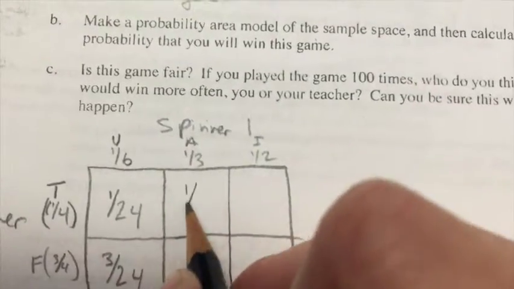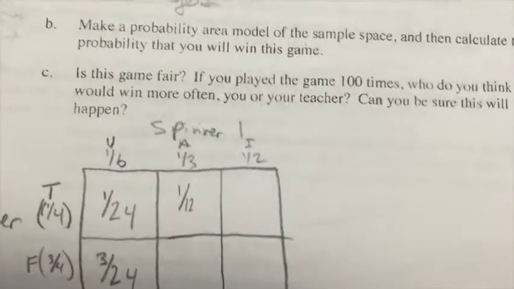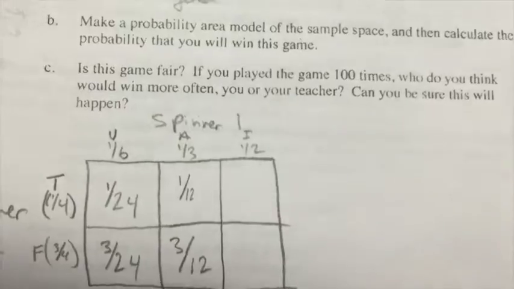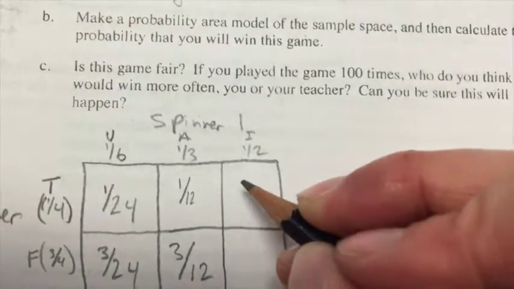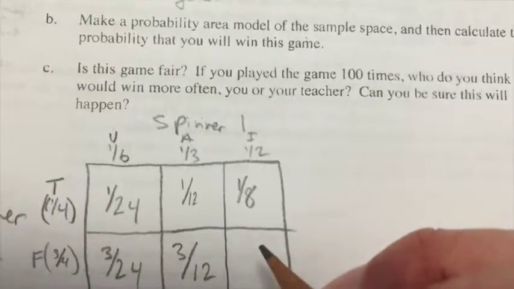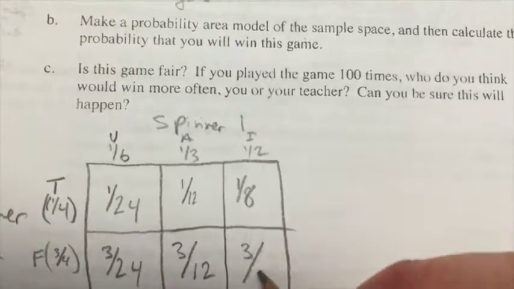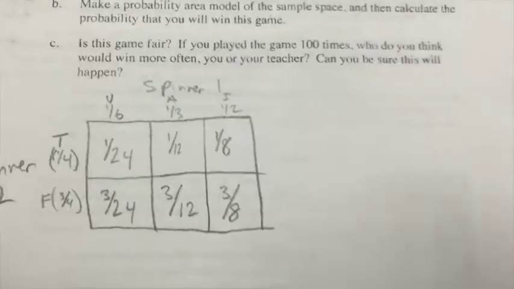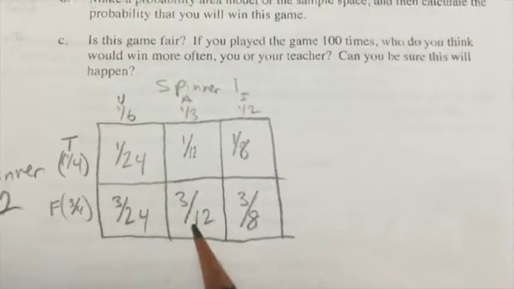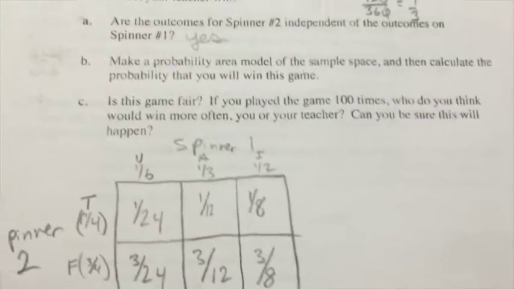So this will be 1/12, or 2/24. This will be 3/12, or 6/24, and 1/8, so 3/24. And then this will be 3/8, which again will be 9/24, and we can add them all up. So that's our probability model.